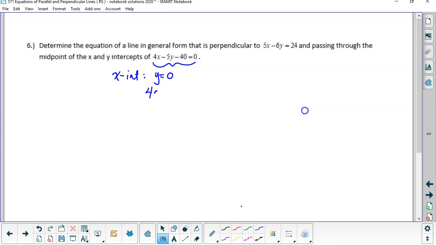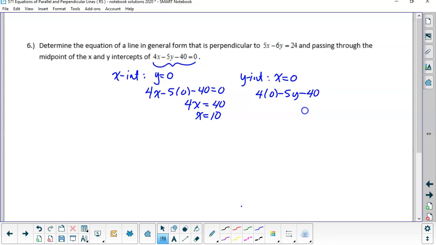So that's going to be 4x minus 5 times 0 minus 40. So 4x equals 40, x equals 10. Then your y-intercept is when x equals 0. So that's going to be 4 times 0 minus 5y minus 40. That's going to go to 0, so this is going to be -5y equals 40, so y equals -8.